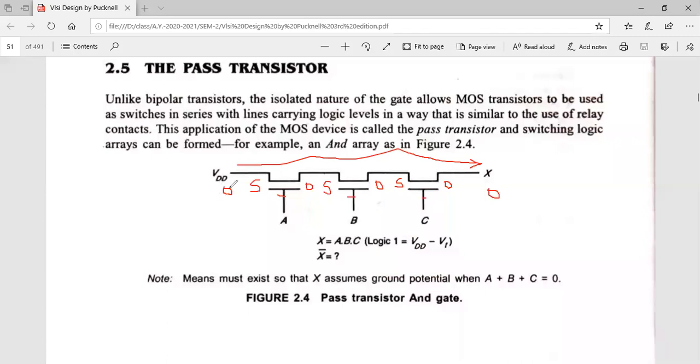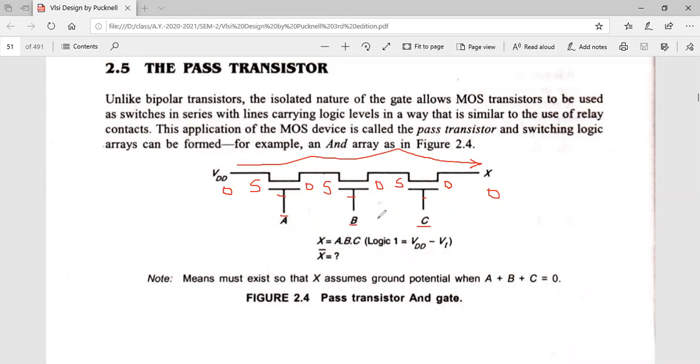The value near VDD will pass to x as a 0 only if transistors A, B, and C all three conduct.